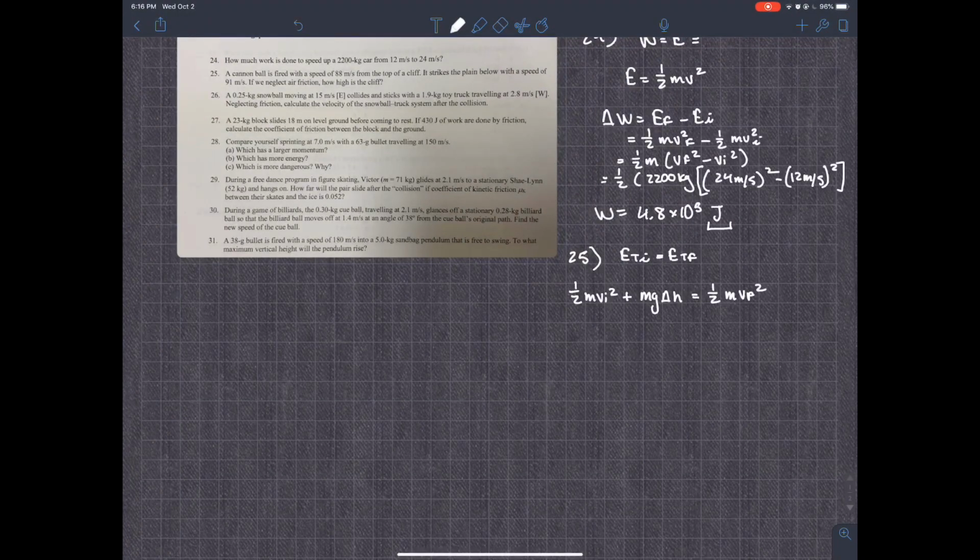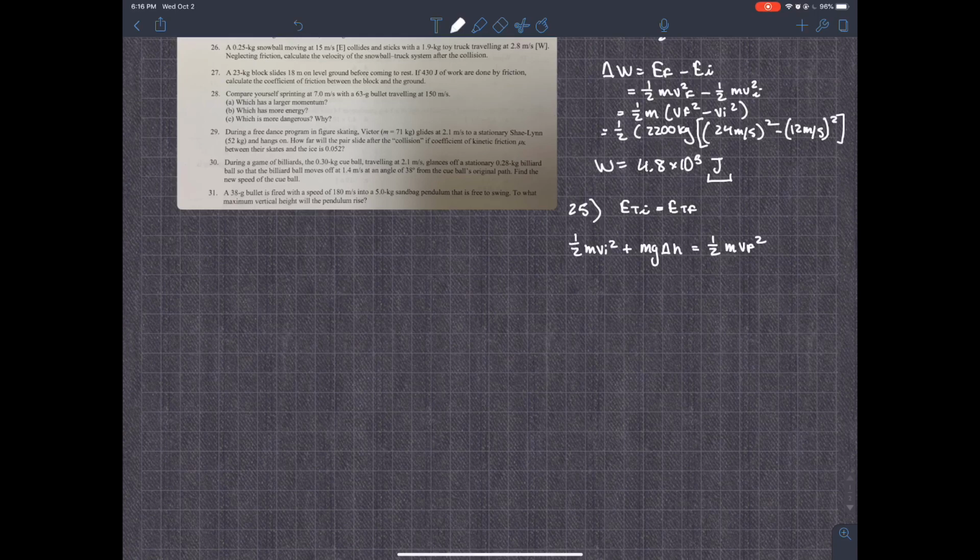If we rearrange this equation, we are doing so for delta h. The m's can essentially cancel out because they all factor out. Then we have half vi squared plus g delta h equals half vf squared. We are solving for delta h, so we bring all the terms to the other side: g delta h equals half vf squared minus half vi squared.